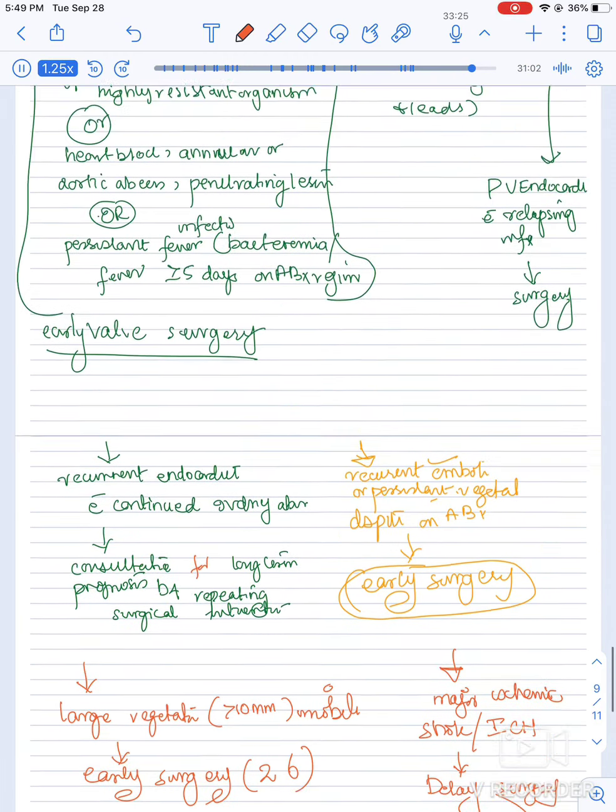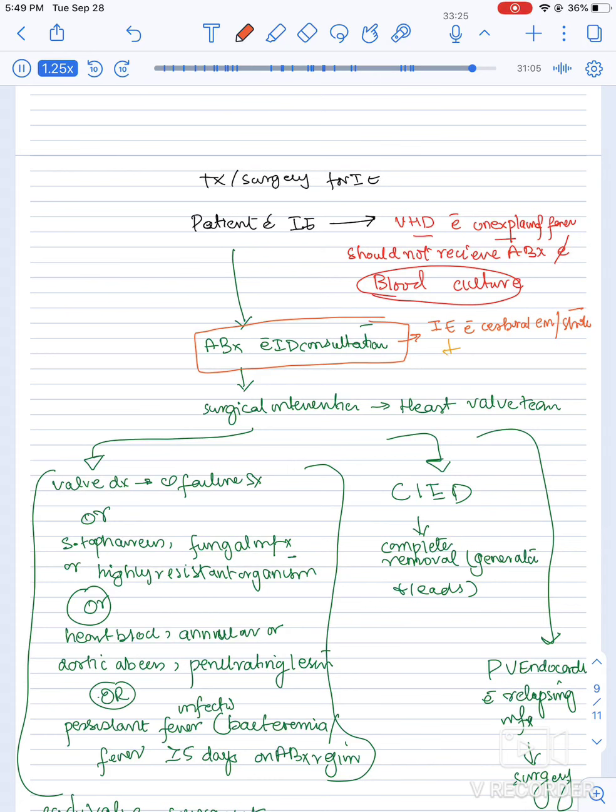In these cases, the class 2A recommendation is to temporarily discontinue all anticoagulation. But if they do not have cerebral embolism, then the class 2B recommendation is to still consider discontinuing temporarily all anticoagulation.